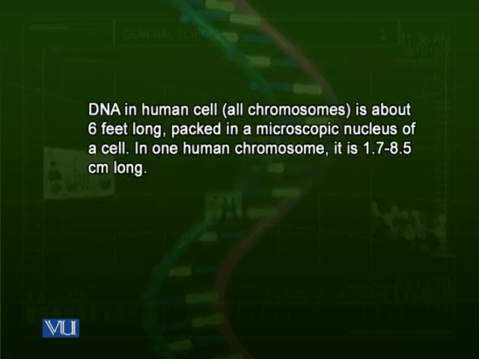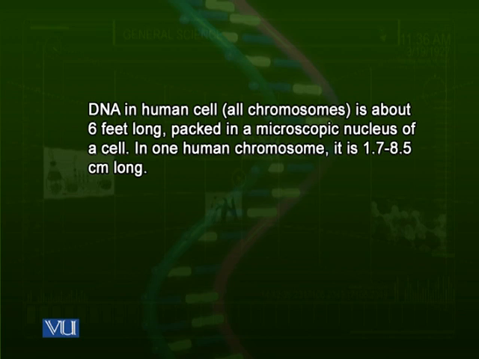So, you know that DNA is present in huge quantities inside the nucleus, and it is packed. If we take the DNA in a single cell, all of its chromosomes, and simply elongate and straighten them, they will be about 6 feet long.